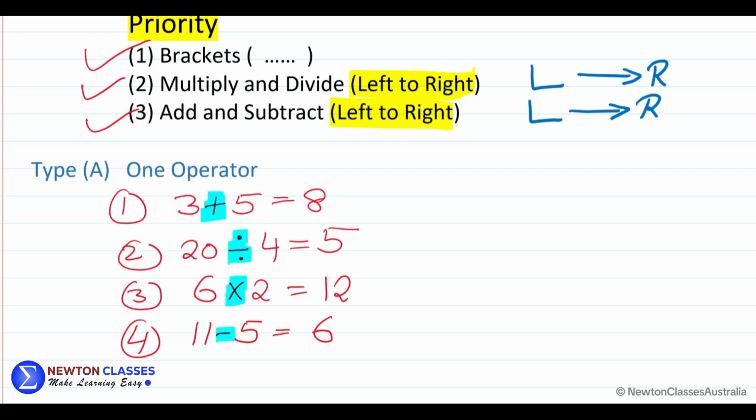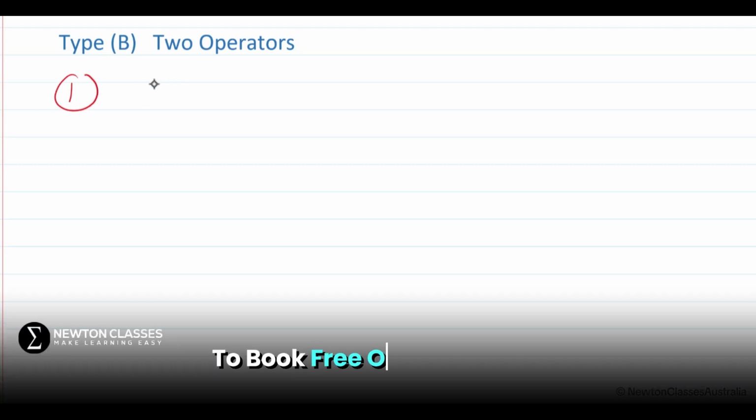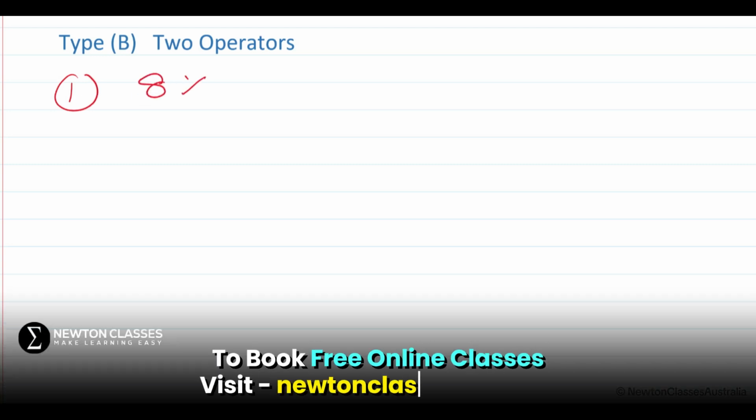Pretty simple, straightforward. Let us move to another type where we have 2 operators. It means in one expression we will get more than one operator. So let us take one example and see what we do in that situation. Let's say we have 8 times 5 divided by 10.